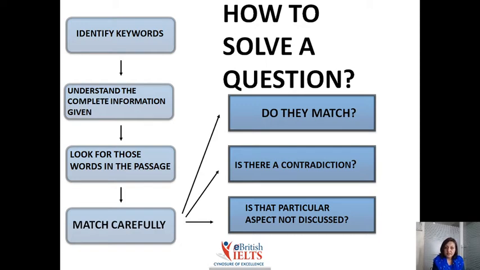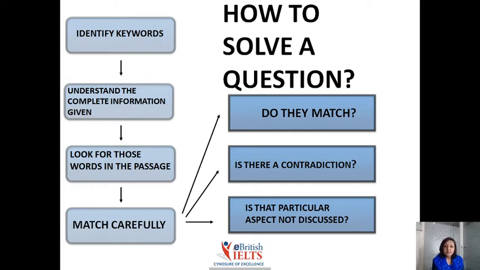So when I say I'll identify keywords as the first step, that's the question's keywords that you are going to identify, while at the same time absorbing the meaning of the question statement. Having done those two things, you have to go back to the passage, look for those keywords in the passage. Once you find them, match them carefully with the information that comes in the question statement.